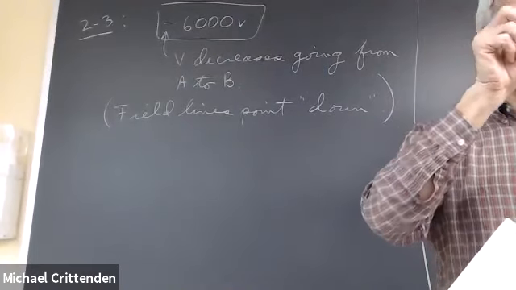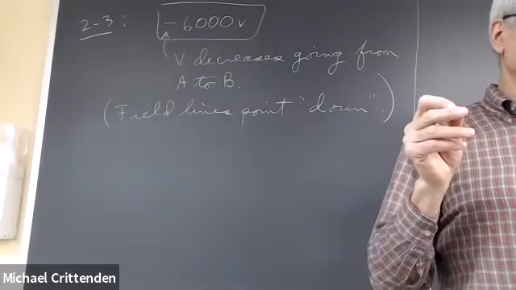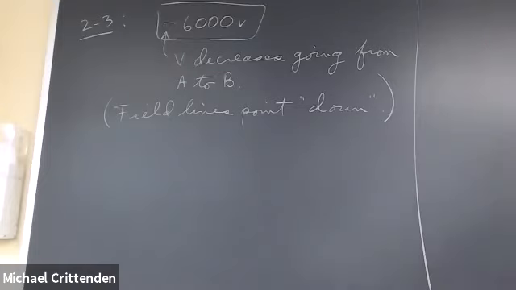If you imagine a test charge moving, which way is it going? Delta V is final minus initial, like anything else. So it would be moving from x equals 3 to x equals 2.